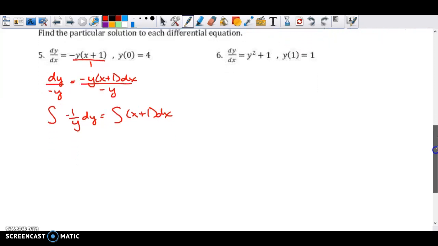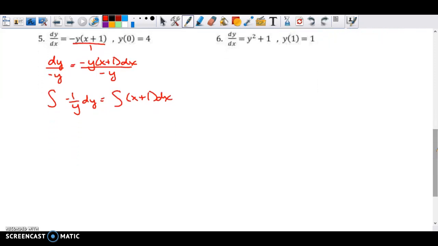Okay, we had talked about this before, the 1 over y is just ln, but because it's negative, I'm saying negative ln y. This is easy, just basic power rule stuff. Don't forget your plus c. Now, because I have that particular solution, I've got an x and I've got a y value. I'm going to plug in that point.